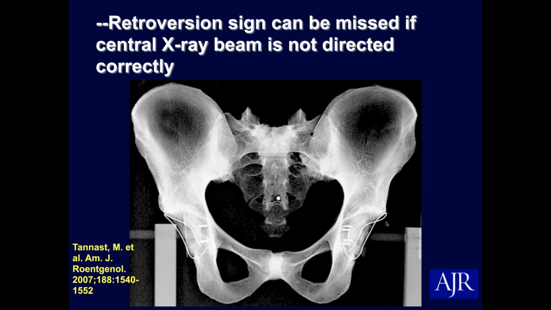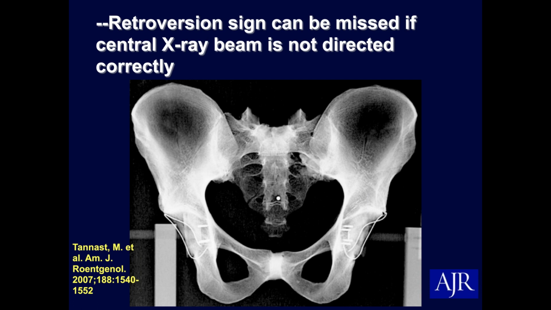Another thing that people make a lot about is a retroversion of the acetabulum. If you have a nice non-rotated view, this is of a cadaver pelvis. The normal pelvis, if you follow the anterior wall and then come back around to the posterior wall, they shouldn't overlap. If the anterior wall comes too far forward, then you get this figure-8 configuration when you draw these lines.